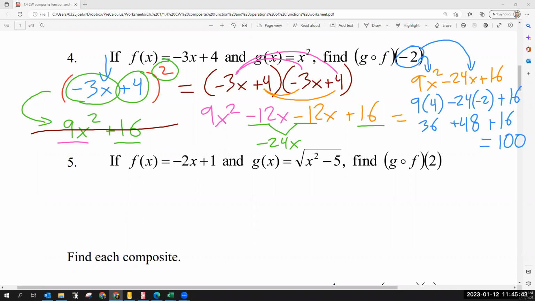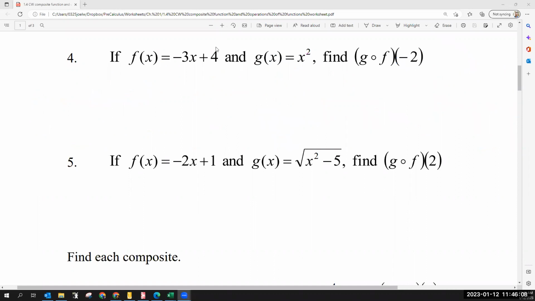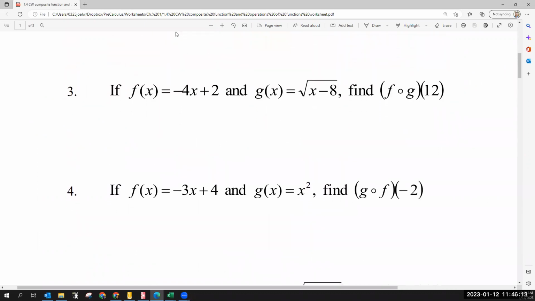I did 12 minus 8, right? 12 minus 8 for negative 4 times 4 is negative... So we set it up.